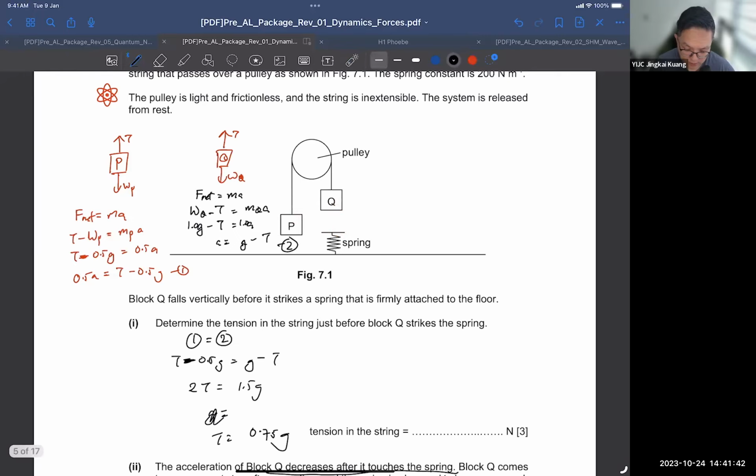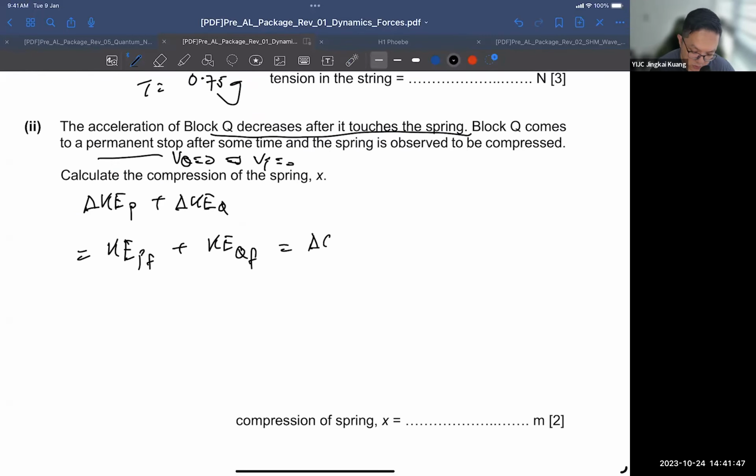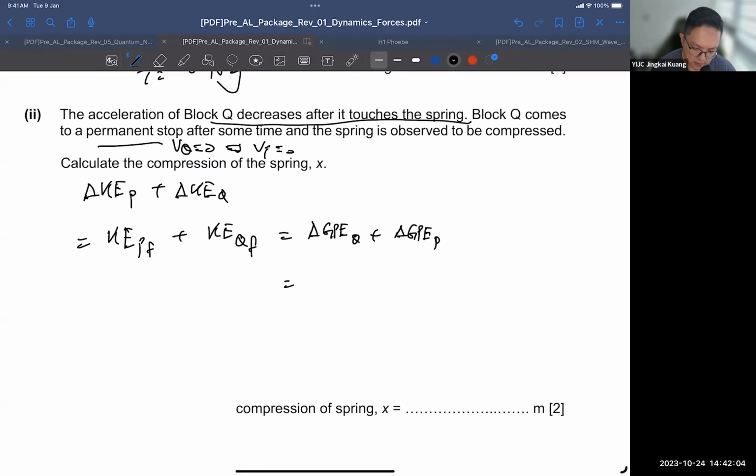So we can write delta GPE of Q, which should be positive, plus delta GPE of P. I write this as MQ G H, positive, then this one as MP G H, with a minus.